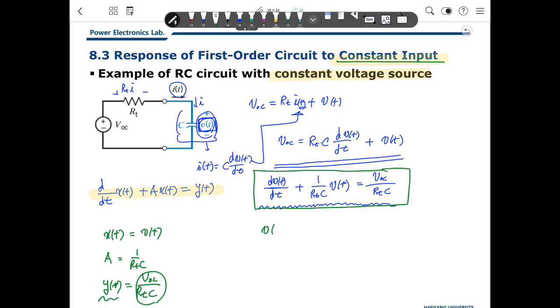How to solve for v(t)? Our target is v(t). How to get it? v(t) will be the natural response plus the forced response.